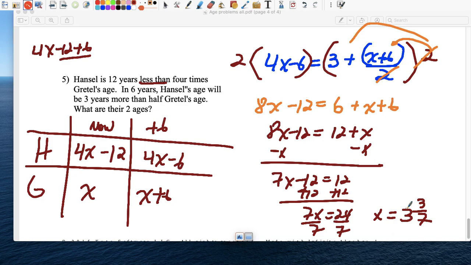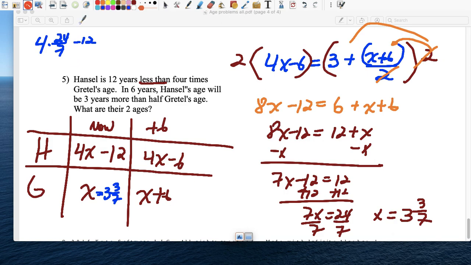I can't see if I did anything wrong. Okay, so if Gretel is 3 3/7 years old, Hansel would be, let's keep it like this, and I'm going to take a look at it one more time, see if there's any mistakes. Hansel will be 4 times, and I'm going to use the improper fraction here, 4 times 24/7 minus 12.